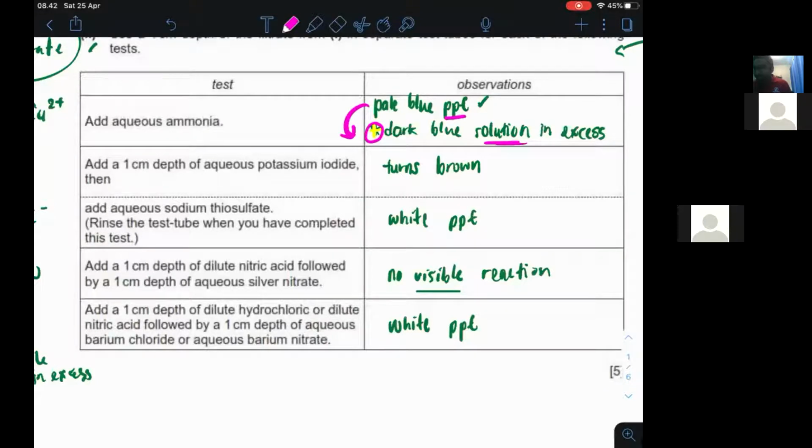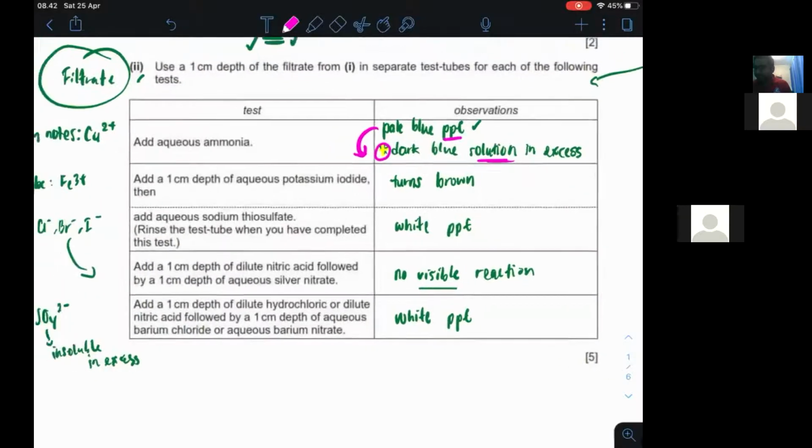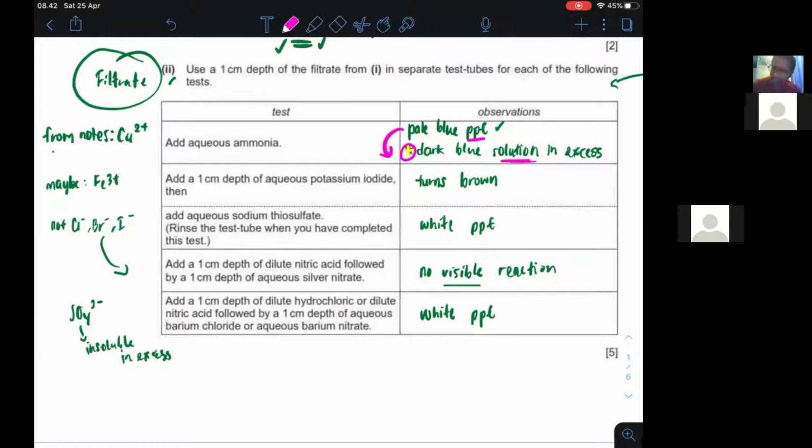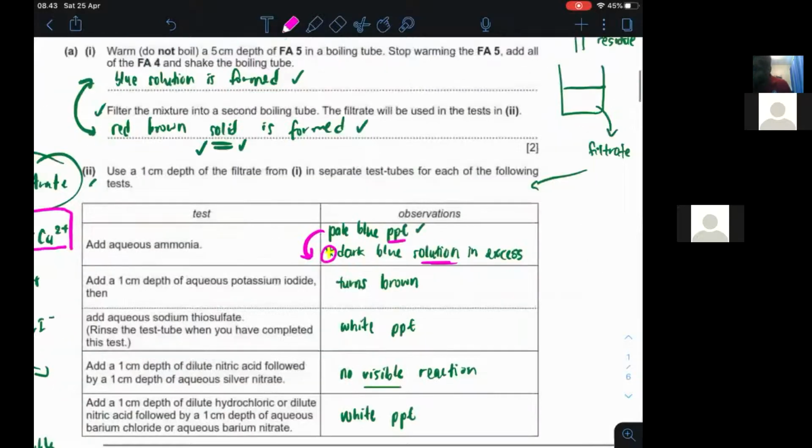Once you get that, you can do some deduction. According to my notes, it's going to be copper 2 plus. This is how I identified that the filtrate contains copper 2 plus.